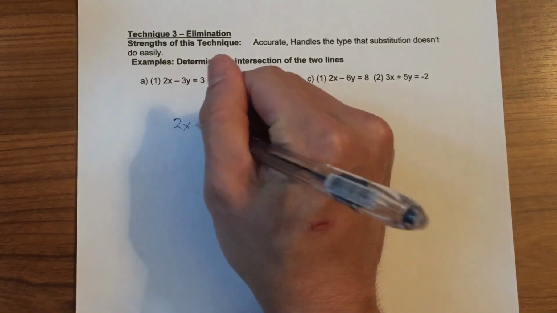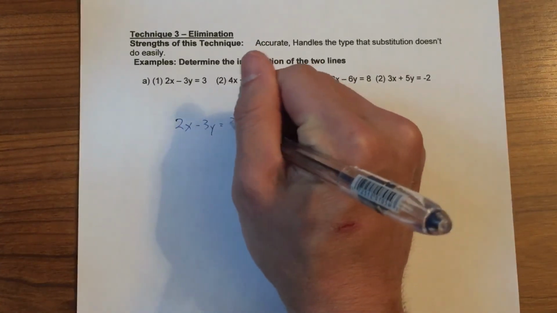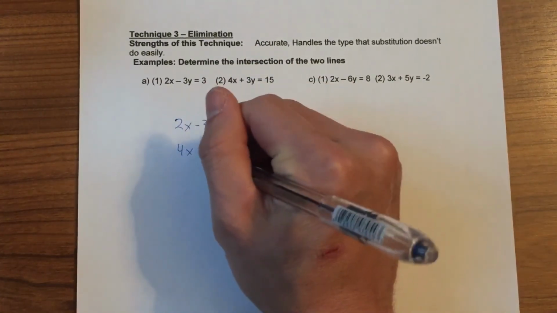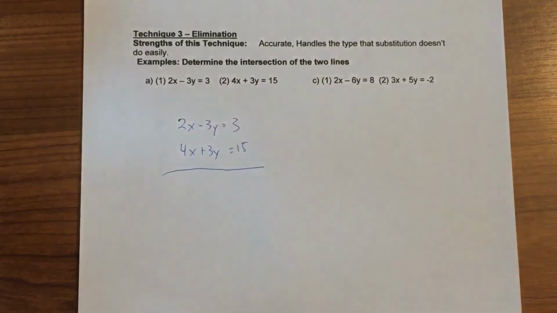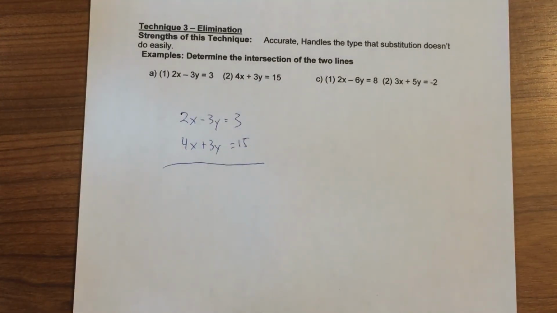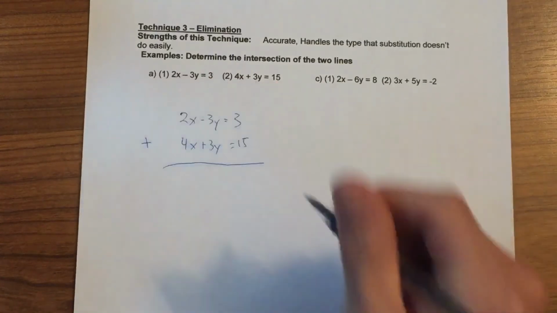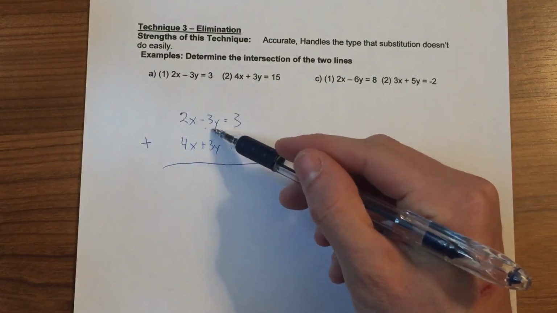So elimination, as you guys recall, our goal is to eliminate a variable. So we're going to write our equations in stacked format. Our goal is to combine these two equations and ideally eliminate a variable. Well, if we add these equations together, notice I have a negative 3y and a 3y.